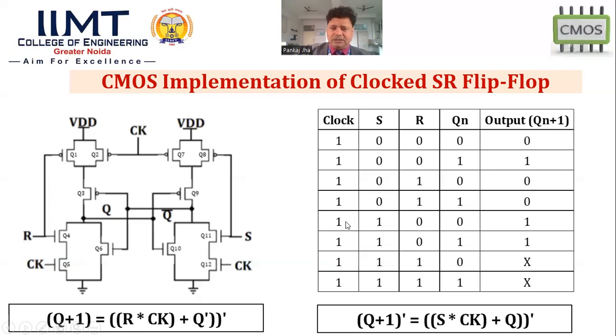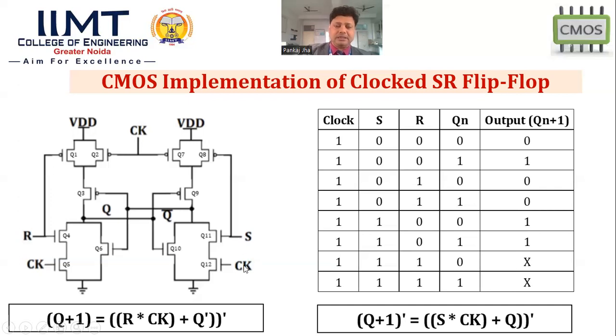Suppose the clock is 1, obviously, S is 1, R is 0, and Qn is also 0. The clock will be at the 1 position, the high position, because it provides the enable condition. This R is 0, and this clock is again at the 1 position. So what will happen? This S is 1, so it will make transistor Q11 go into saturation mode.